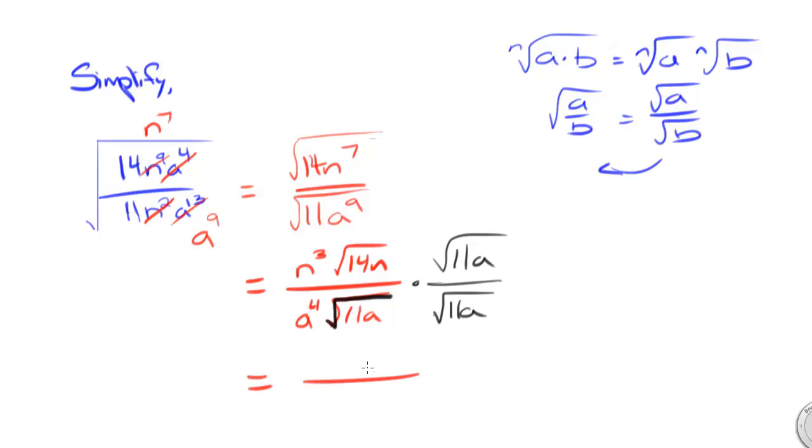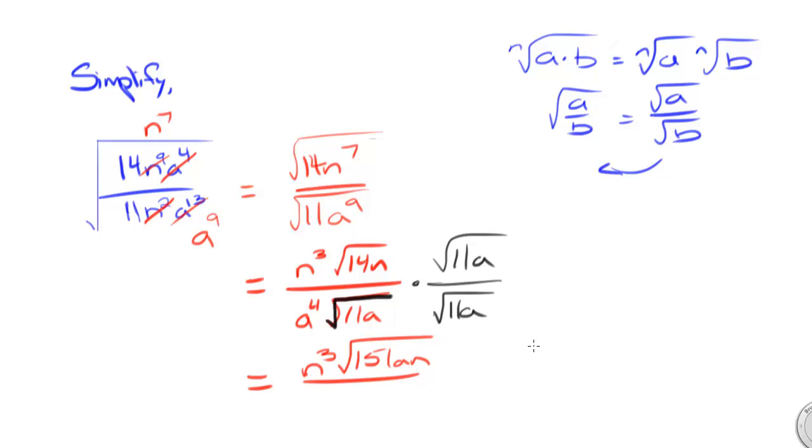In the numerator, I'm going to have an n cubed, and then I get 14 times 11, which is going to be 154. And then I have an a and an n factor there, so I'll just write 154an in that order.